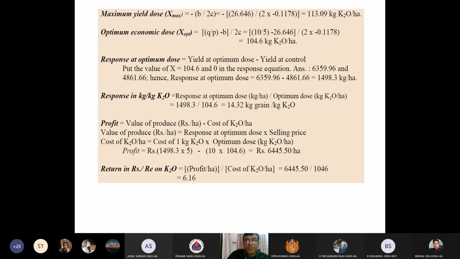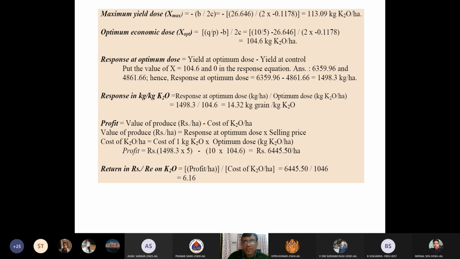Now, response at optimum dose. Many times you must have heard response. So now let us see what is response in case of fertilizer, in case of any input. Response means yield at optimum dose minus yield at control. First you need to calculate yield at optimum dose, then yield at control.